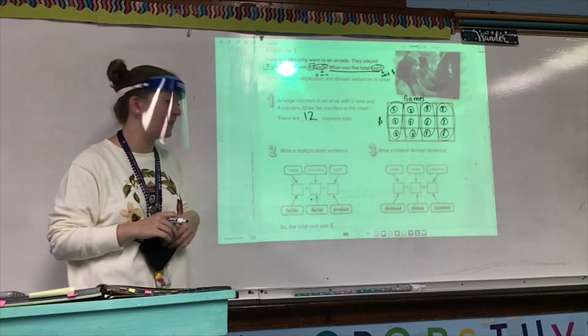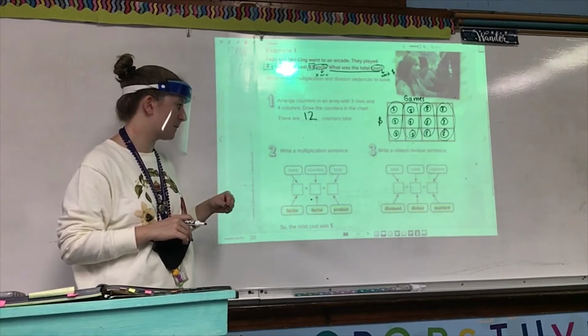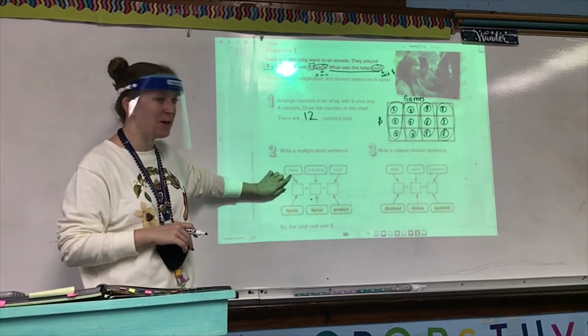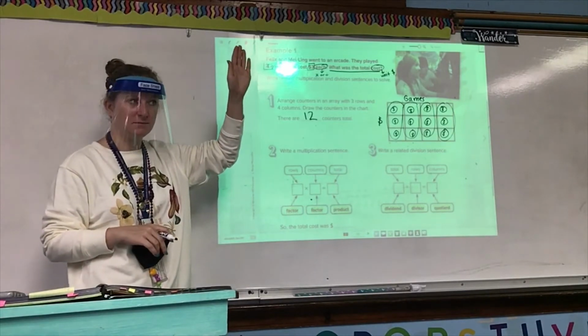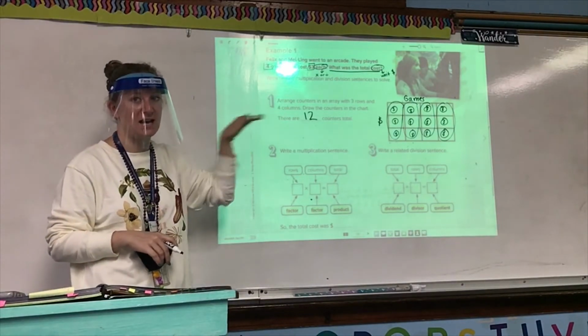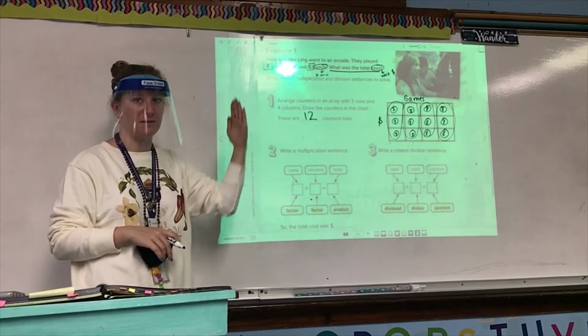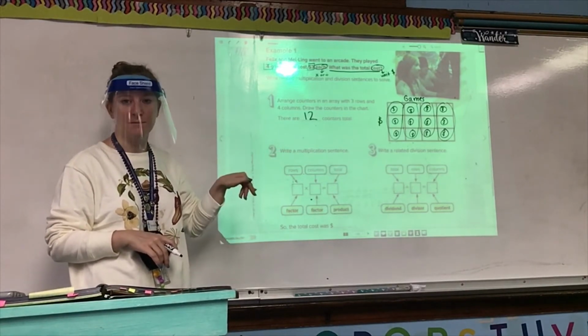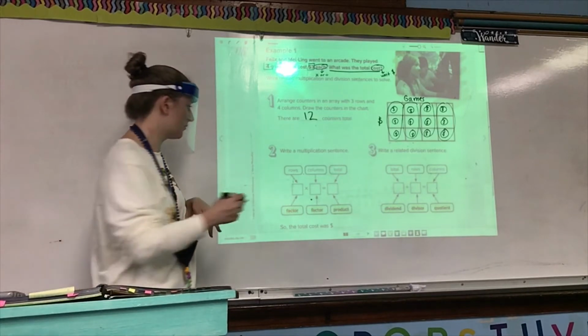So now we're going to write a multiplication sentence. We're going to start with the number of rows. How many rows are there? Remember, rows go side to side, columns go up and down. How many rows are there? Zadie? 3. 3 rows.